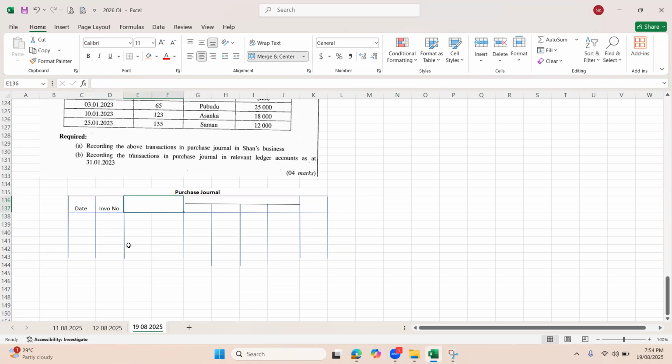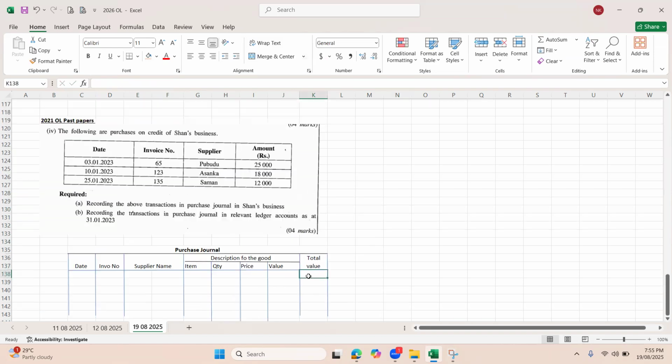Then from whom you are going to purchase, the supplier name, then description of the goods: item, quantity, price, value, and here total value, right? So just update the information here.